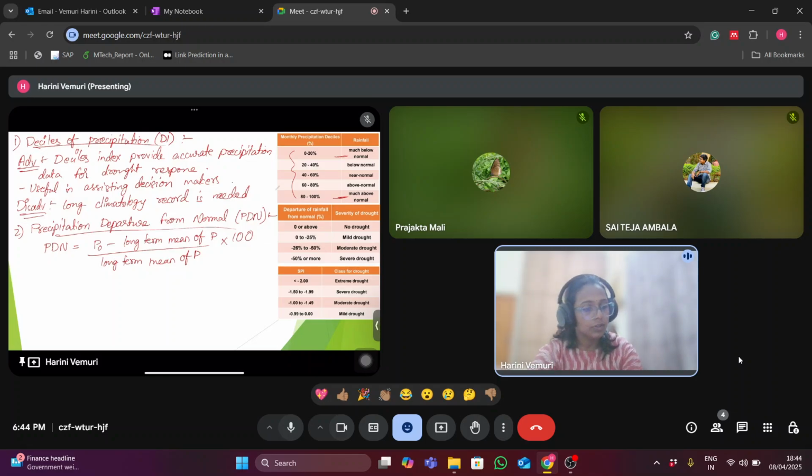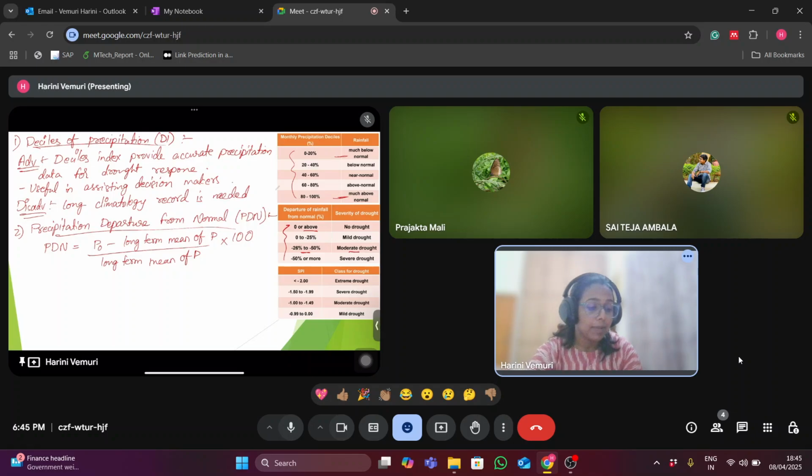Okay. So once you calculate this, based on the PDN value, we have classified the severity of the drought. If the value is 0 or more than 0, if it is positive, then there is no drought. If it is negative, then there is a drought, but the severity differs. If it is minus 30%, moderate drought is there.